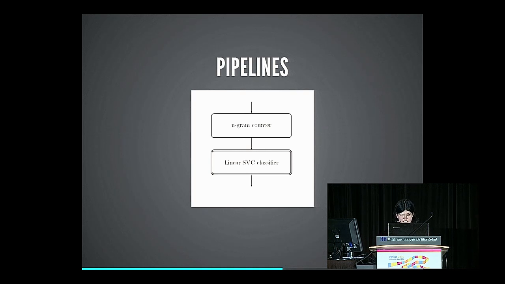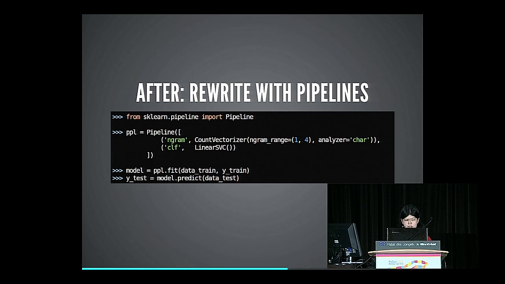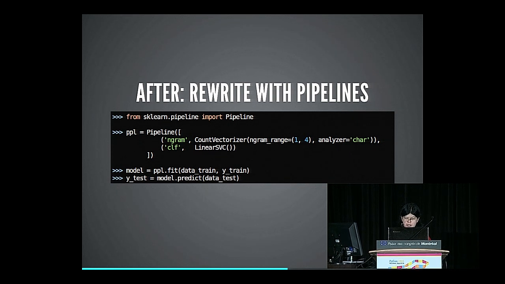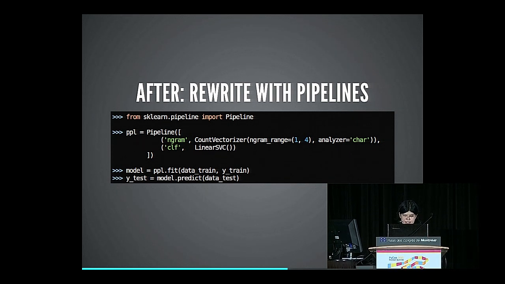And we can put this into code like this. We're going to import Pipeline from scikit-learn.pipeline, and initialize the two steps within this pipeline and give them labels, n-gram and clf. Once you've done that, no longer do we need to do the fit transform and transform on the intermediate steps.